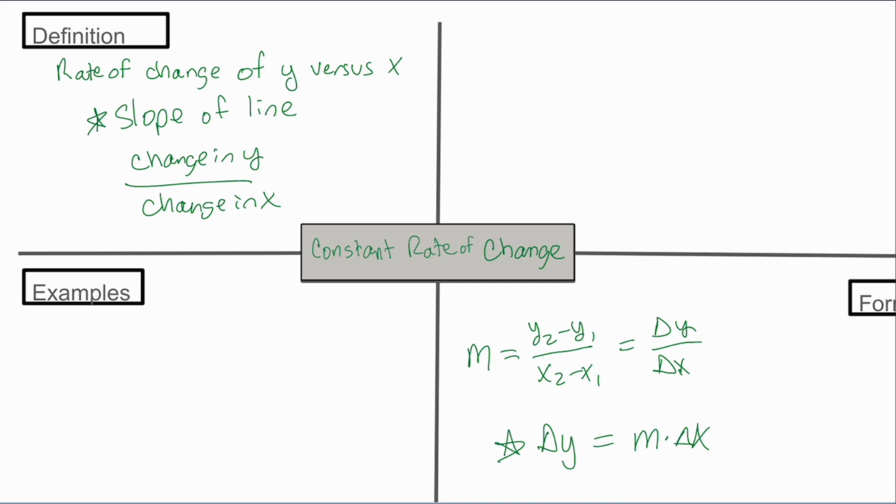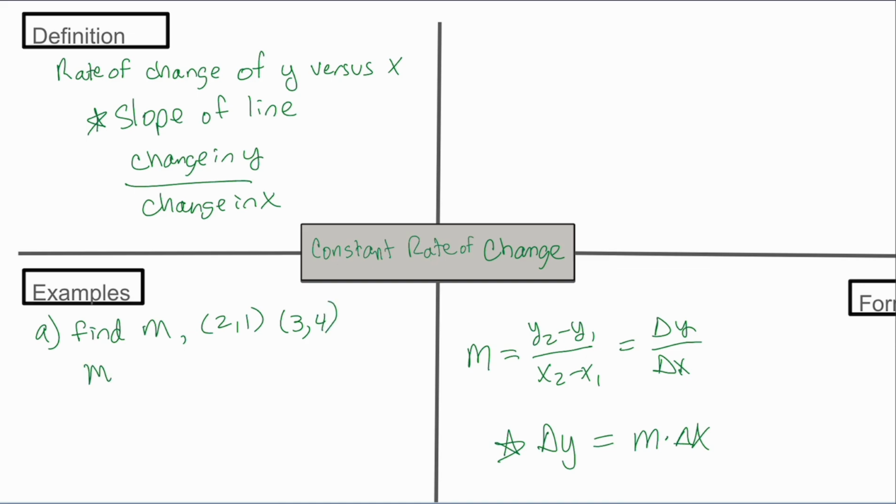As far as examples go, let's say that we want to find the rate of change, the constant rate of change for the points 2, 1 and 3, 4.